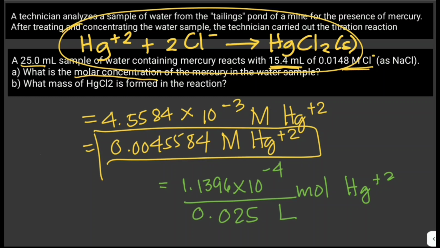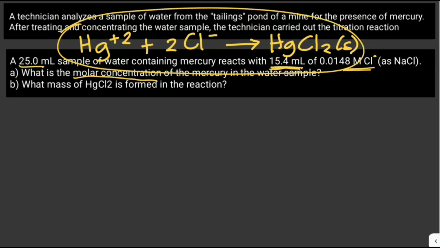All right. The next question: what mass of mercuric chloride is formed in the reaction? From the given values in the problem, we can solve for the number of moles of chloride, and then multiply it by the mole ratio between chloride and mercuric chloride.